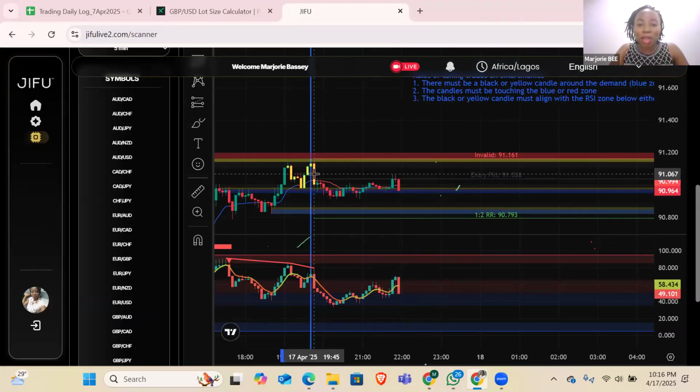Now, this yellow candle here must align with the direction of this candle here. This candle touched the red zone above, and this candle here also touched the red zone above. They have aligned. They are showing that they are in the same direction. Do you understand this?